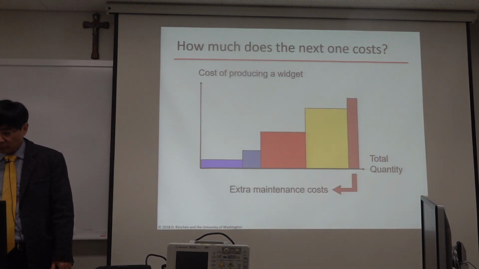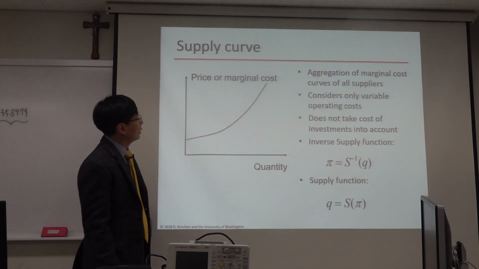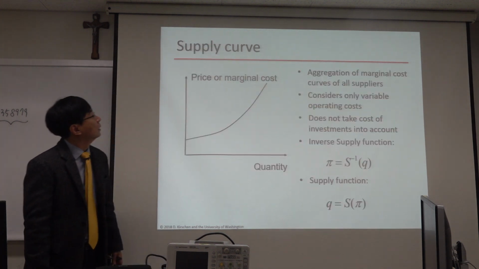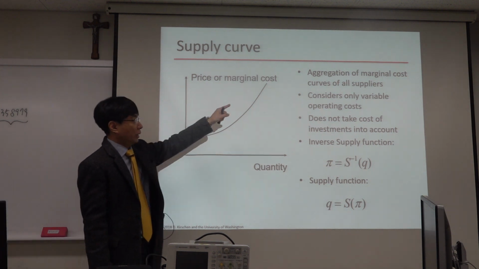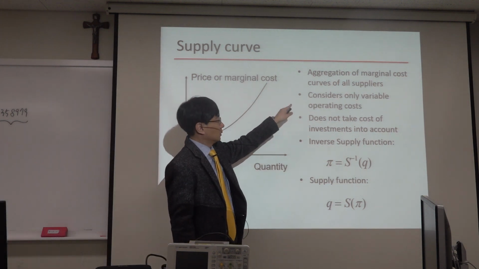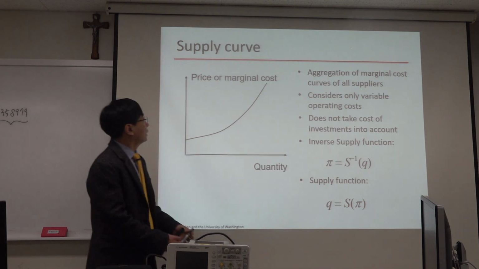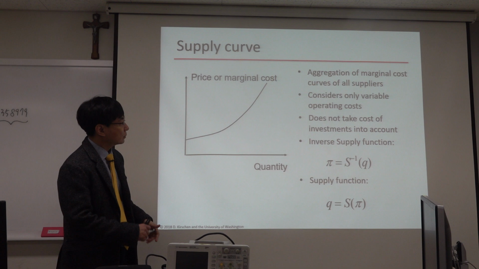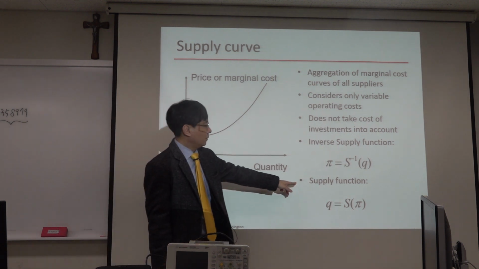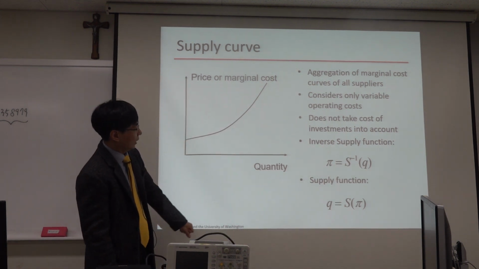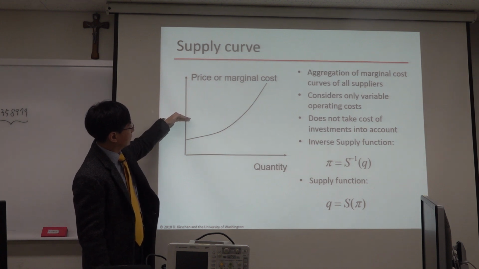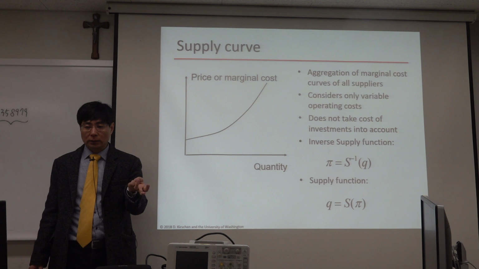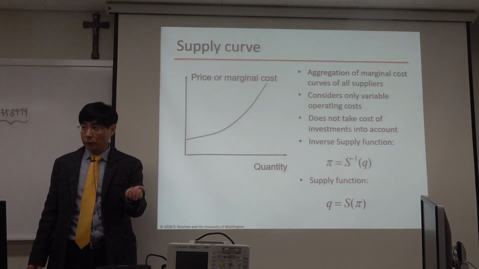So when we collect this, we can construct the aggregation of marginal cost curves of all suppliers. It gives us this supply function. The supply function means that, again, at some given price, how much the sellers or producers will produce.